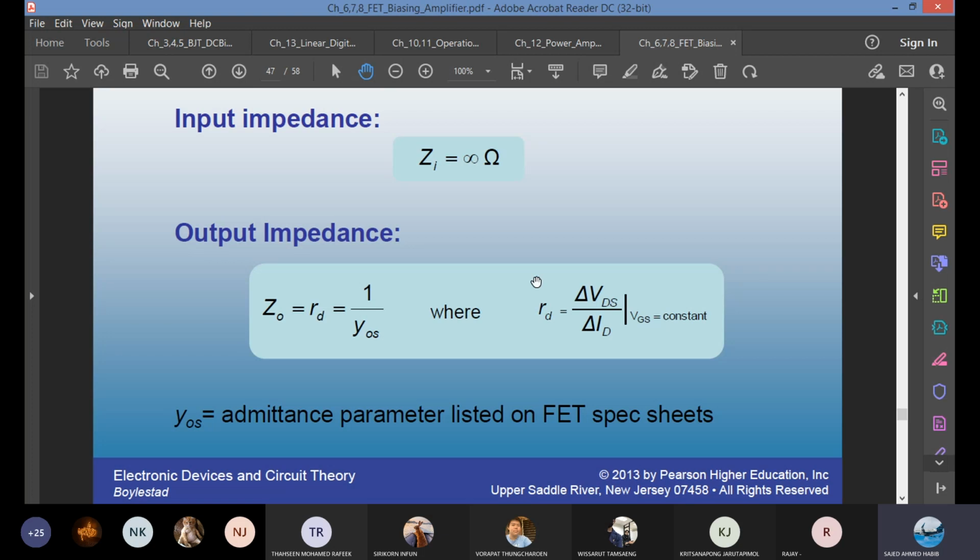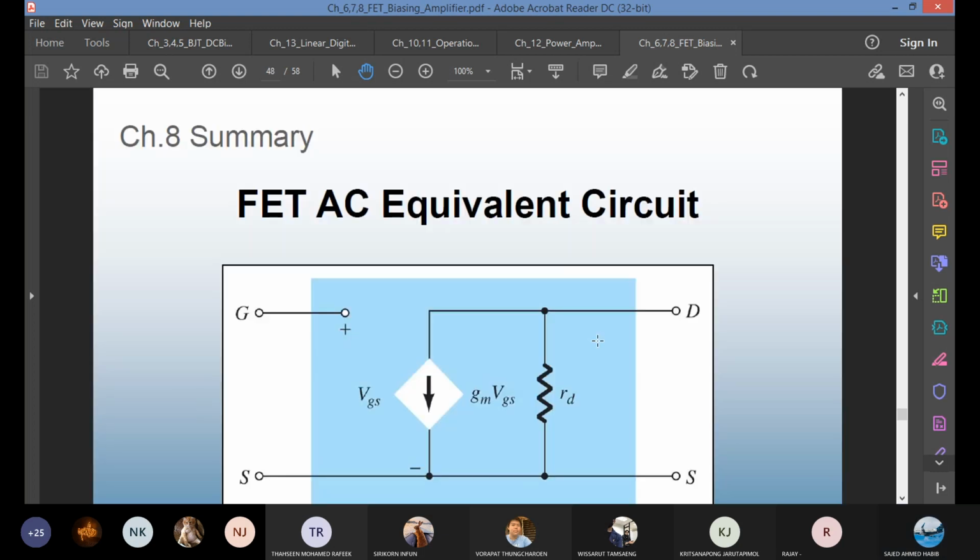YOS is not transconductance. Even though it's the inverse of resistance, it is not transconductance, because for transconductance, one of the parameters is output, the other one is input. This one is totally an output parameter. The drain source voltage is an output, the current ID is an output.